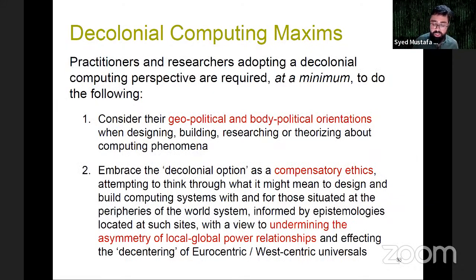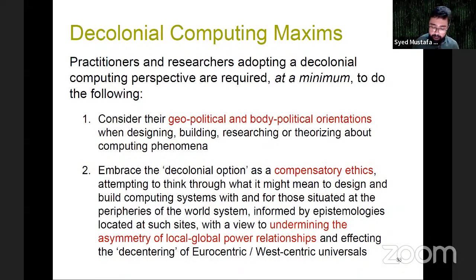Researchers and practitioners adopting a decolonial computing perspective are required, at a minimum, to do the following. Firstly, consider their geopolitical and body-political orientation when designing, building, researching, or theorizing about computing and ICT phenomena.